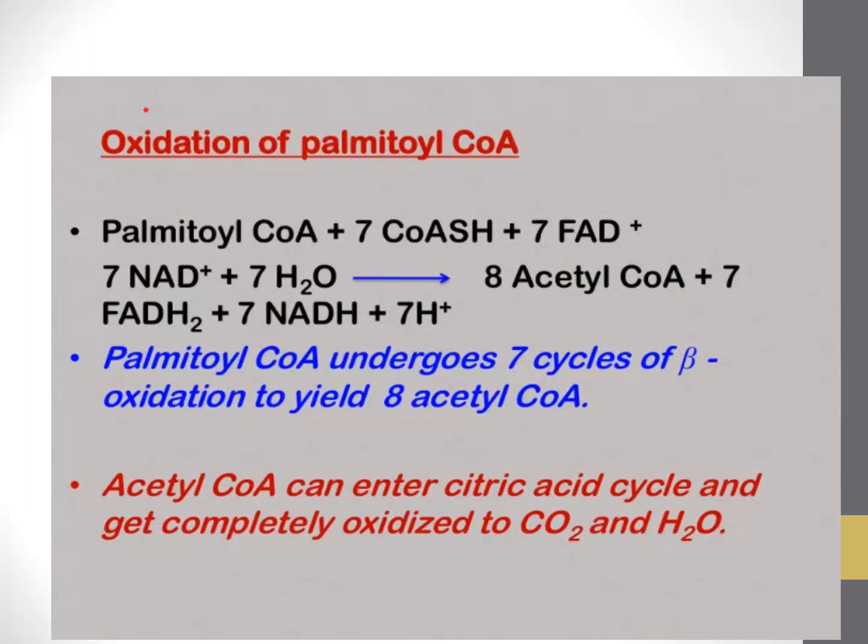So palmitoyl-CoA undergoes 7 cycles of beta oxidation to yield 8 acetyl-CoA molecules. Acetyl-CoA can then enter the citric acid cycle and get completely oxidized to carbon dioxide and hydrogen through the electron transport chain.